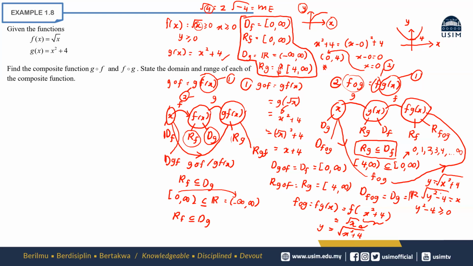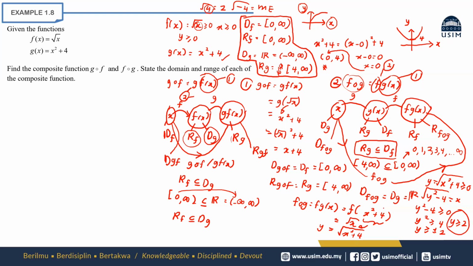If not, we get a math error. So Y squared is greater than or equal to 4, Y greater than or equal to plus or minus 2. And we know that Y here must be greater than or equal to 0, right? So automatically, we get Y greater than or equal to 2 here.